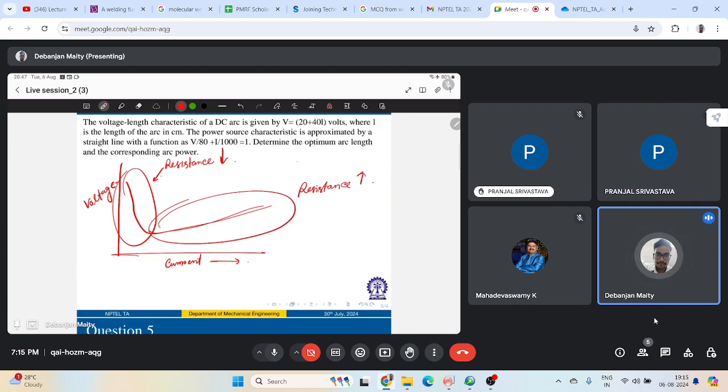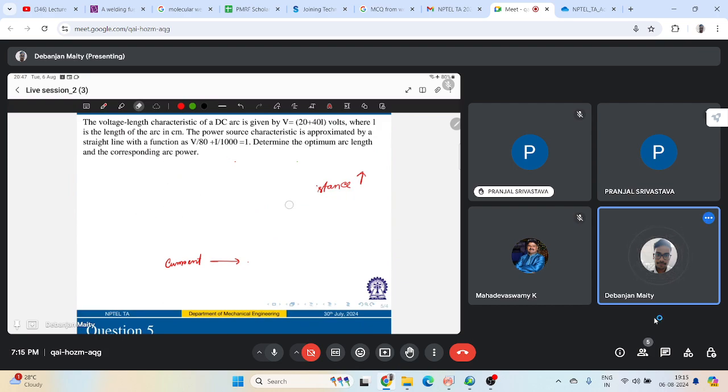There are some reasons why you are observing this kind of phenomenon in the voltage-current characteristic, but let's not go in that direction. Because we have a restricted amount of time, I cannot explain everything, but yes, it will look something like this.